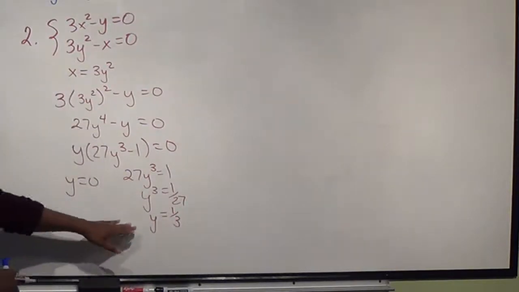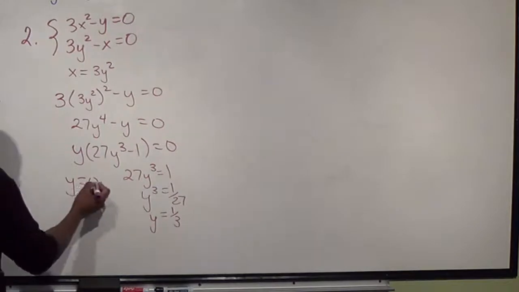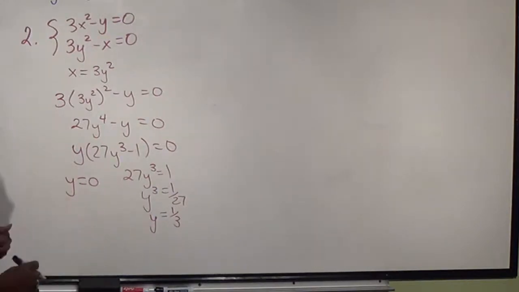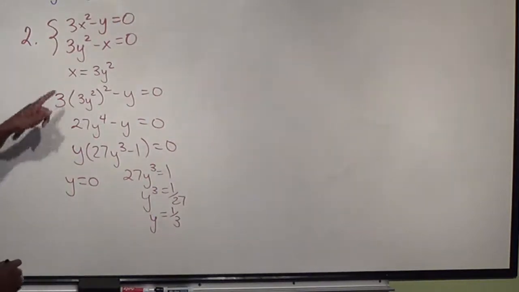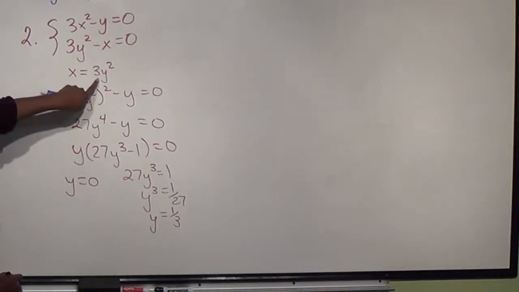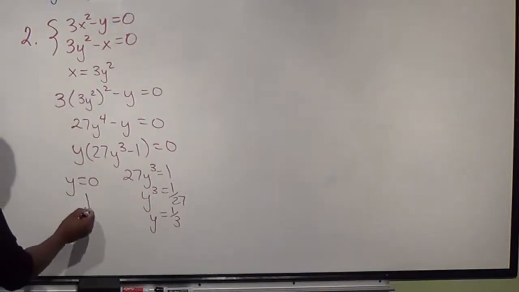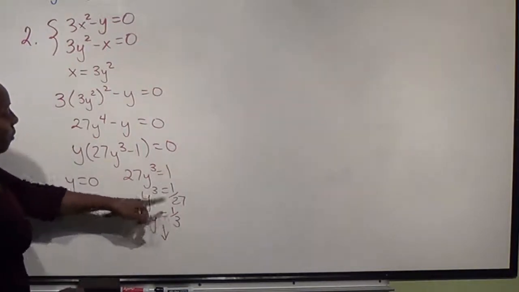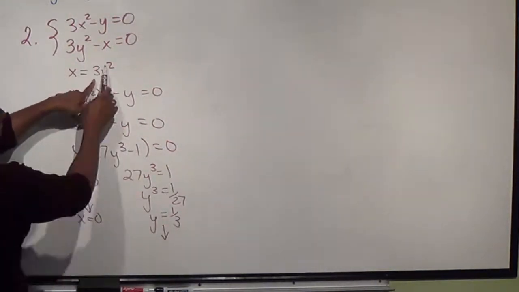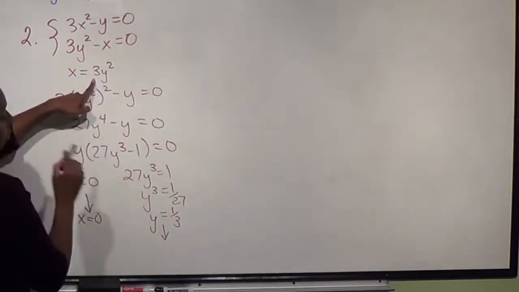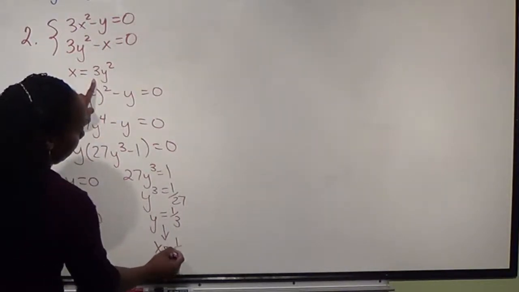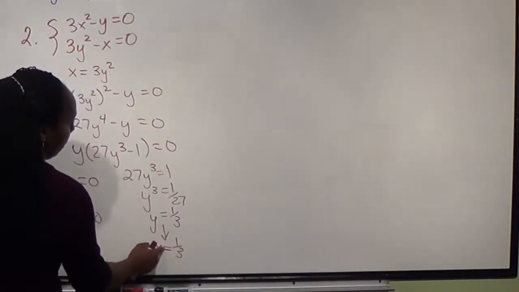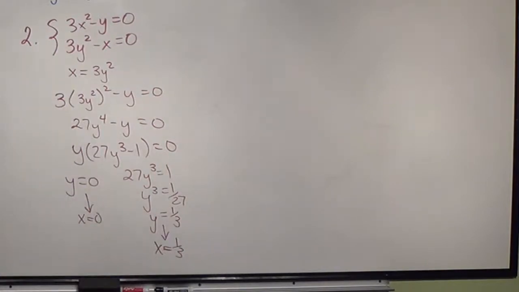Okay? Once I have those y values, again I need to plug back in and get the corresponding x values. Okay? And so I can see here if y equals 0, x is going to equal 0. And here, if y equals a third, we can see I'm going to get a ninth times 3, which is a third, so x will equal a third. Okay? So there's my two critical values.